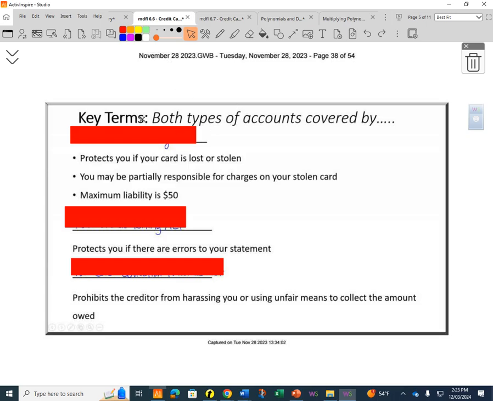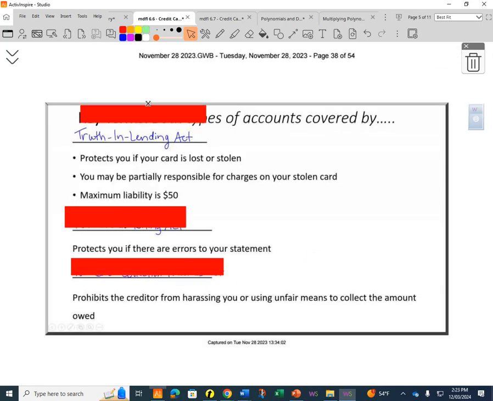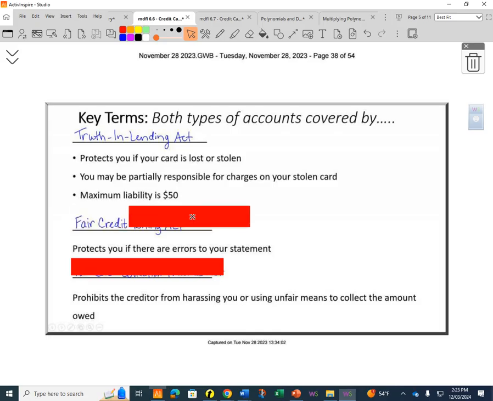Both types of accounts, the revolving credit account and the charge account, are covered by some protections provided by the government. The Truth in Lending Act protects your card if it's lost or stolen, but you may be partially responsible for charges on your card if it's stolen. The maximum liability is $50.